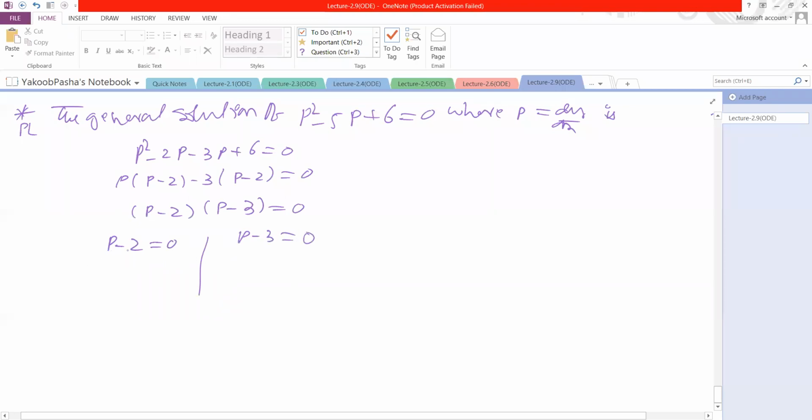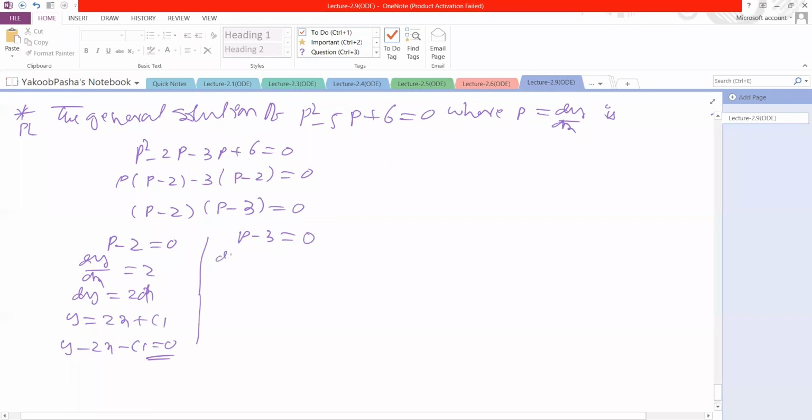That means p equal to 2. p means dy by dx is equal to 2. Now by separating, we can write dy is equal to 2 dx. By integration, dy is equal to 2x plus arbitrary constant c1. So y minus 2x minus c1 is equal to 0. First curve.